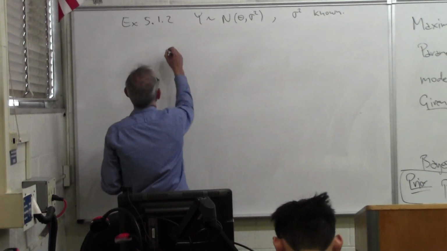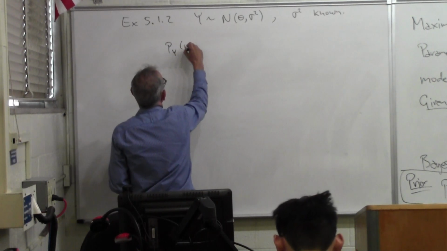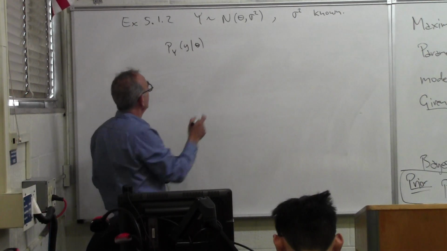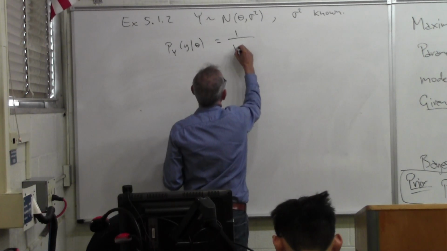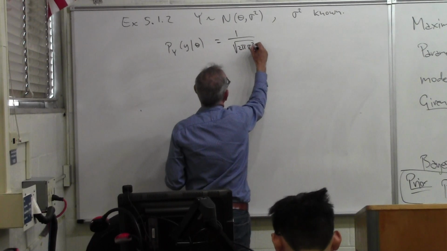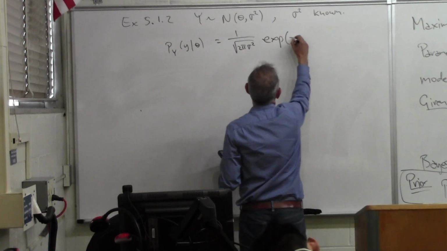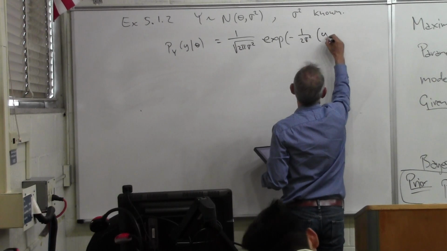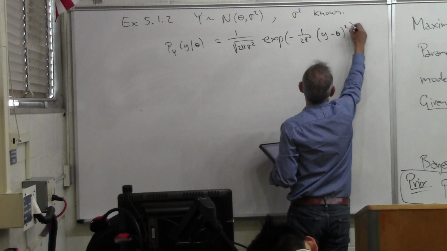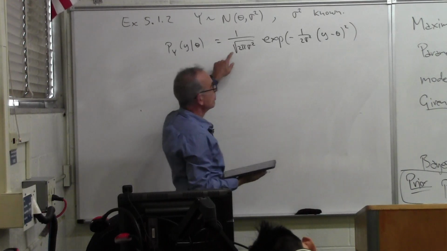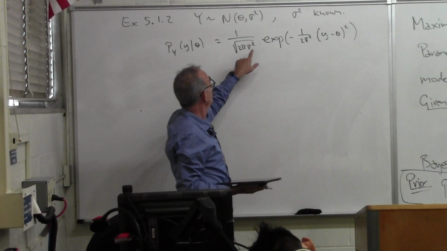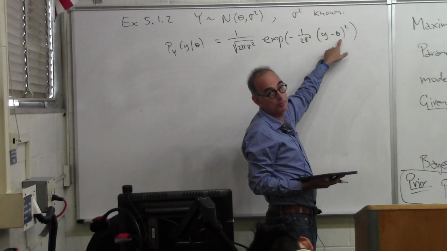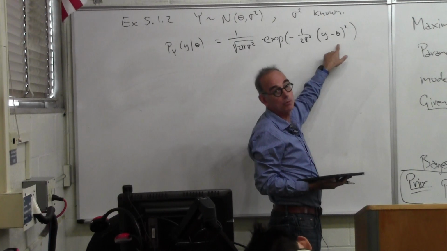We've got this p of y given theta, which is now a density. This is the density for a Gaussian random variable with variance sigma squared and mean theta, because theta determines our model.